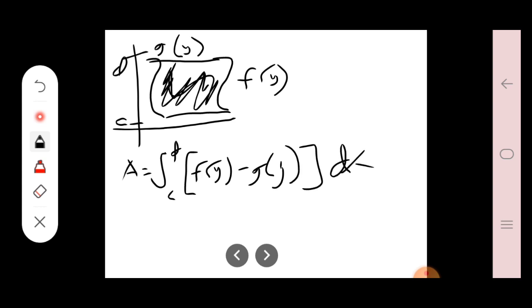And that's how we can get the area between two curves from C to D.